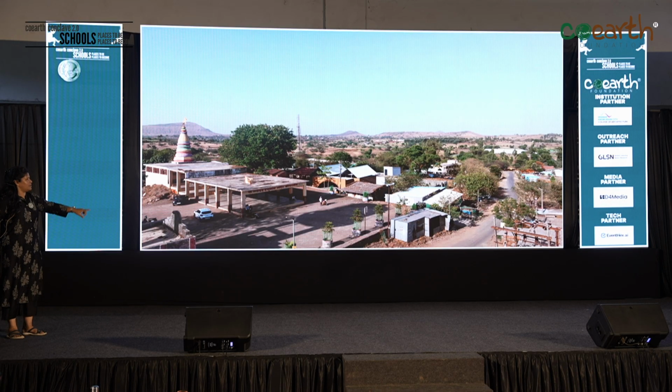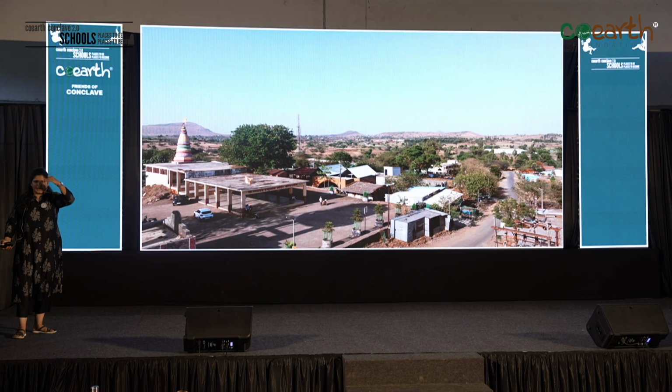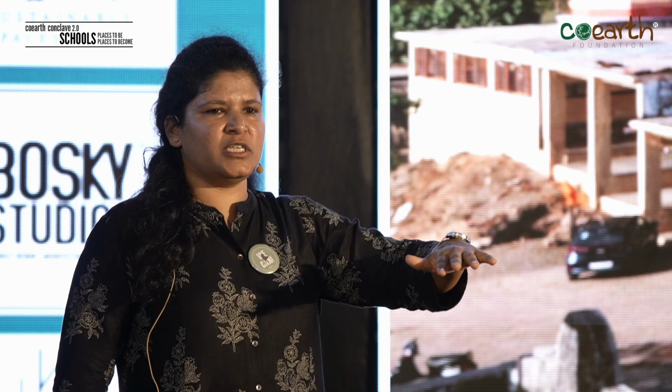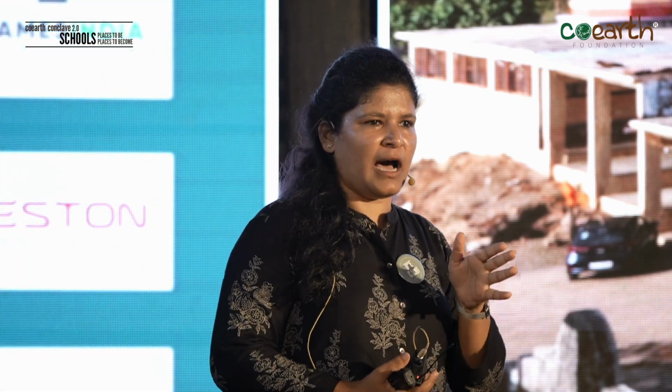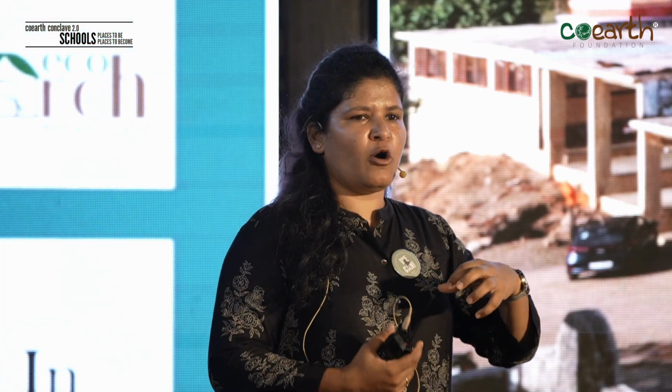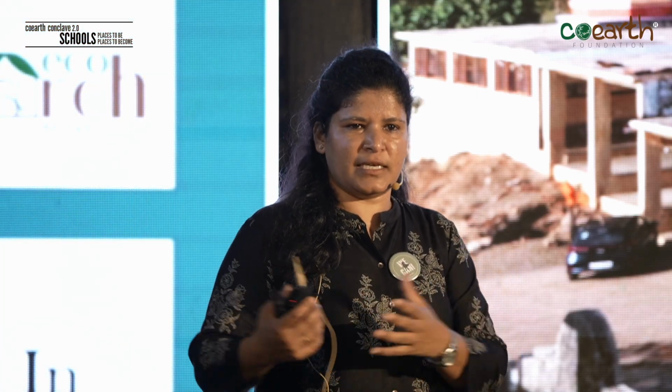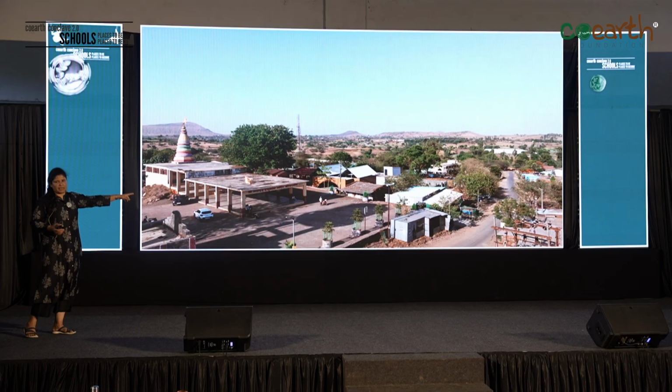So that's the context. We have a huge temple canopy. Most of the villagers go for labor work in the city, and half of them go for farming. All the elderly people, students and young kids are in the village the entire daytime, and they occupy this temple premise.